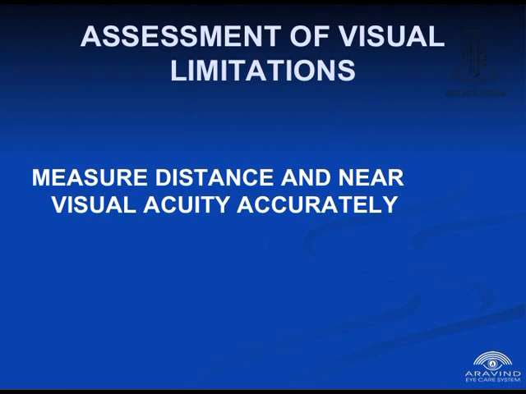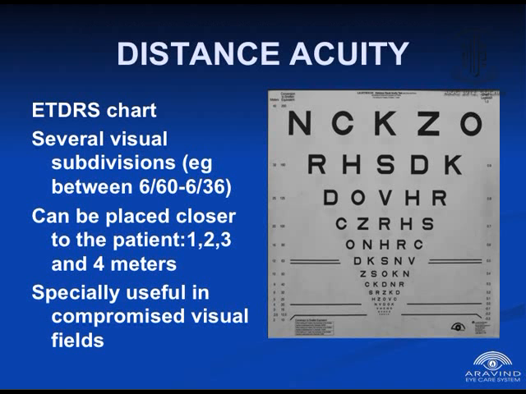And now the most important part, assessment of the visual limitations. It's extremely important to measure distance and near visual acuity accurately. For distance acuity, it's always better to use the ETDRS chart.